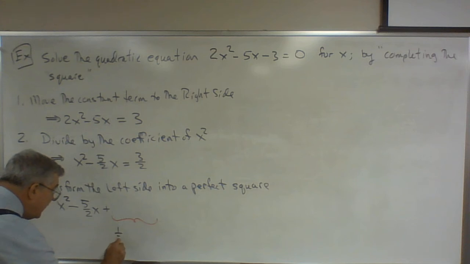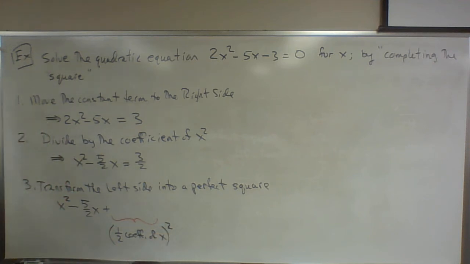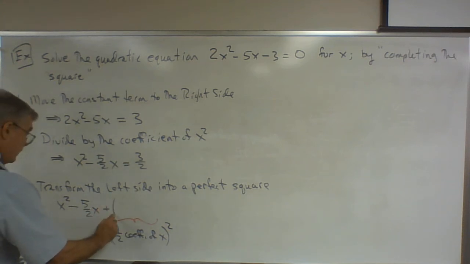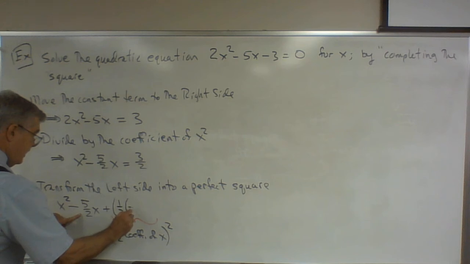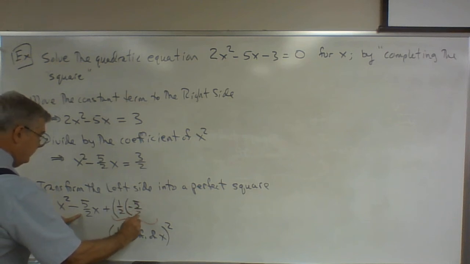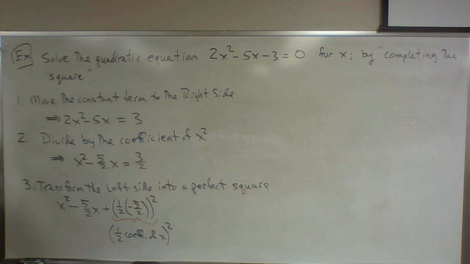We have 1/2 the coefficient of x, quantity squared. So we take 1/2 of the coefficient of x, which is -5/2, and we square it.